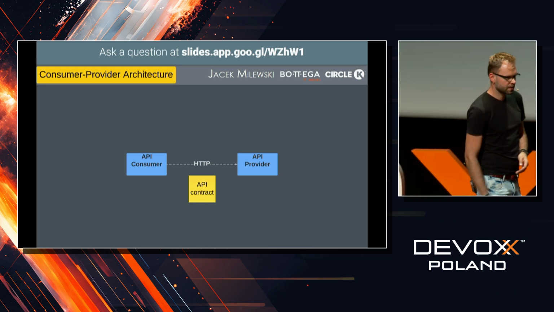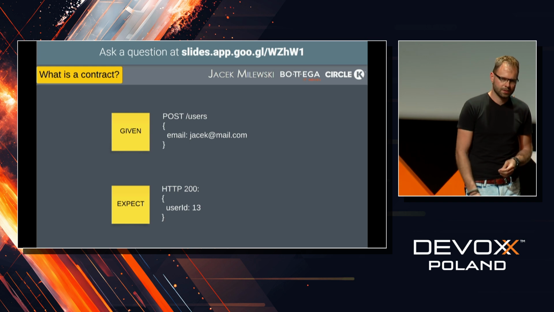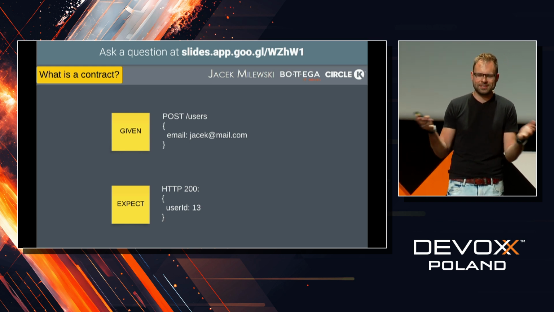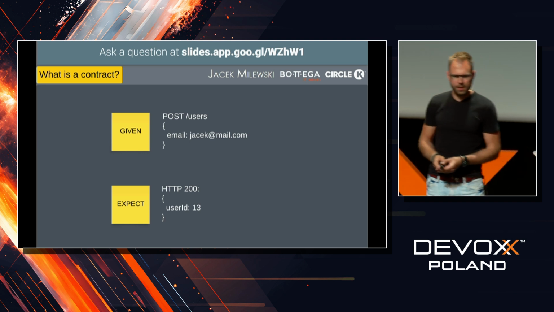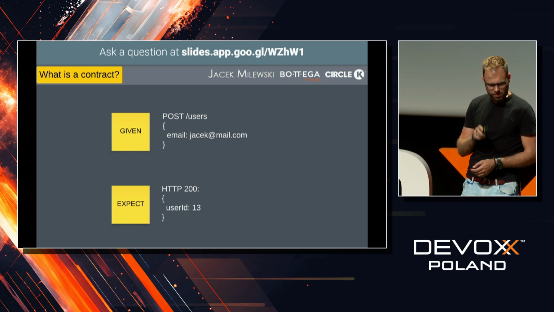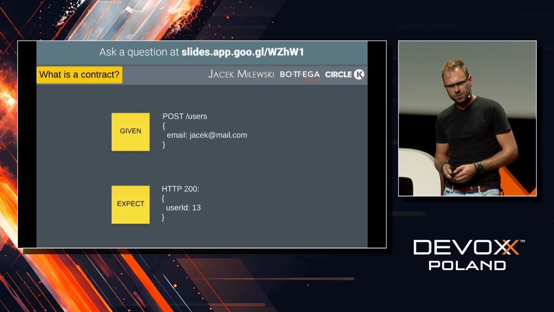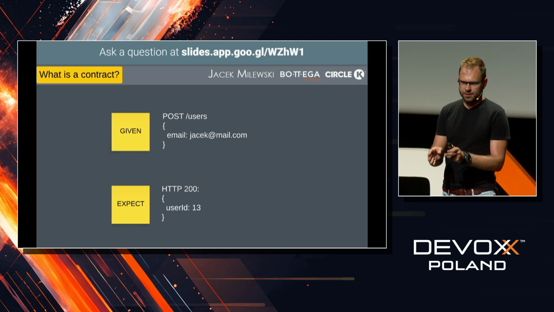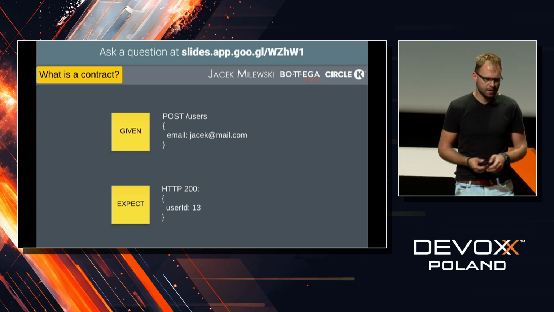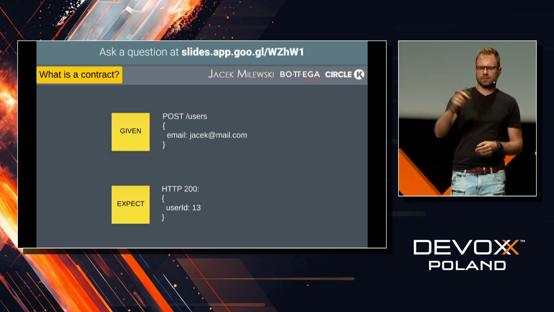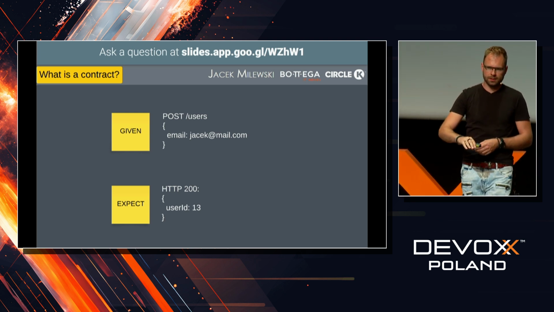What is a contract? They agreed, explicitly or implicitly, that when the consumer sends this request, like POST users with a JSON body, he will receive a response, like 200 with a user ID. This is the contract: I give you this, I want to get that in return.